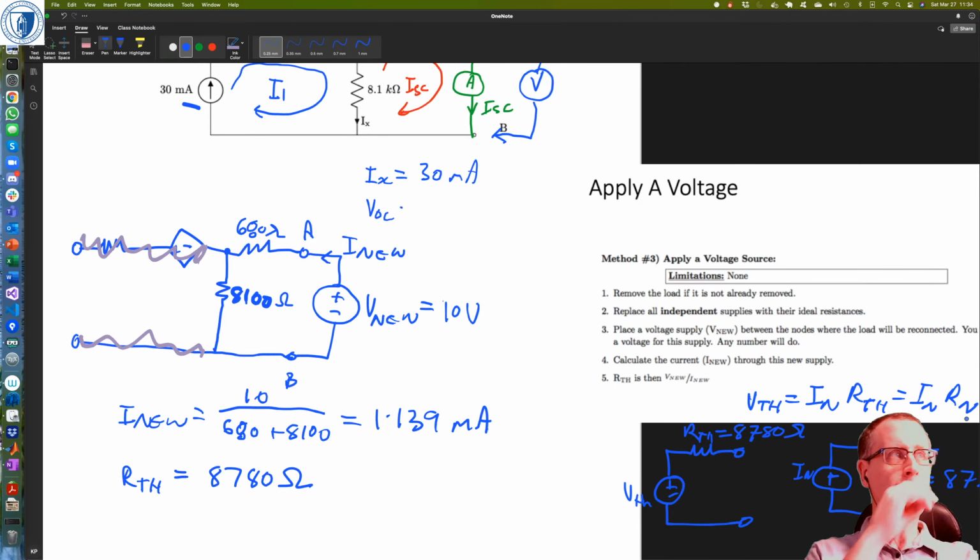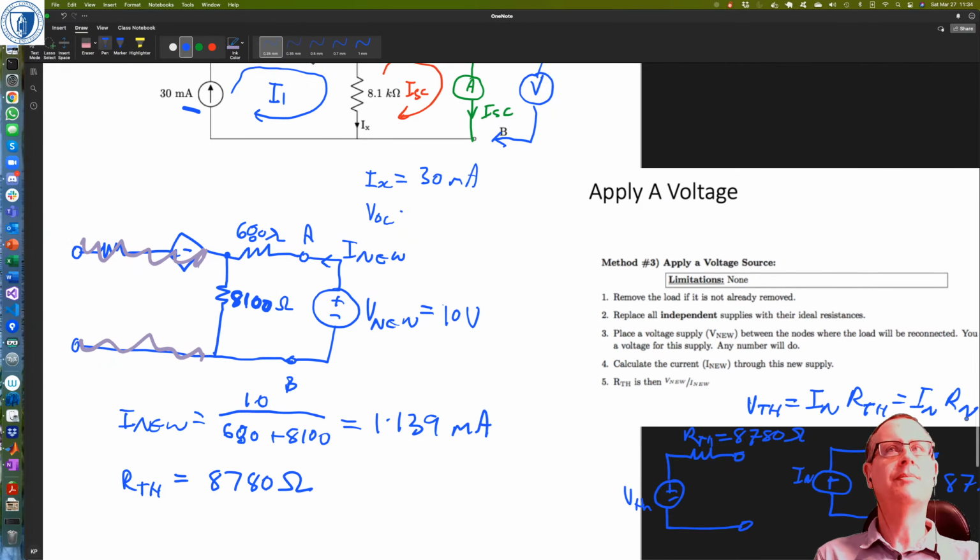So the Thevenin and Norton equivalents follow Ohm's law, but we've only got one of those numbers. We've only got RTH or Rn. We don't have either the Norton current In or the Thevenin voltage. In order to get the Thevenin voltage, we need to do the open circuit voltage test.